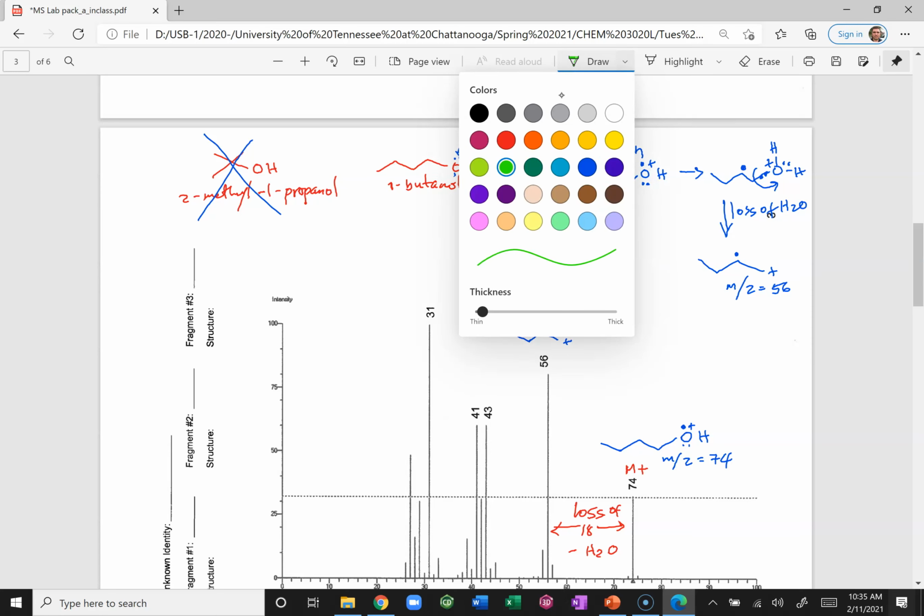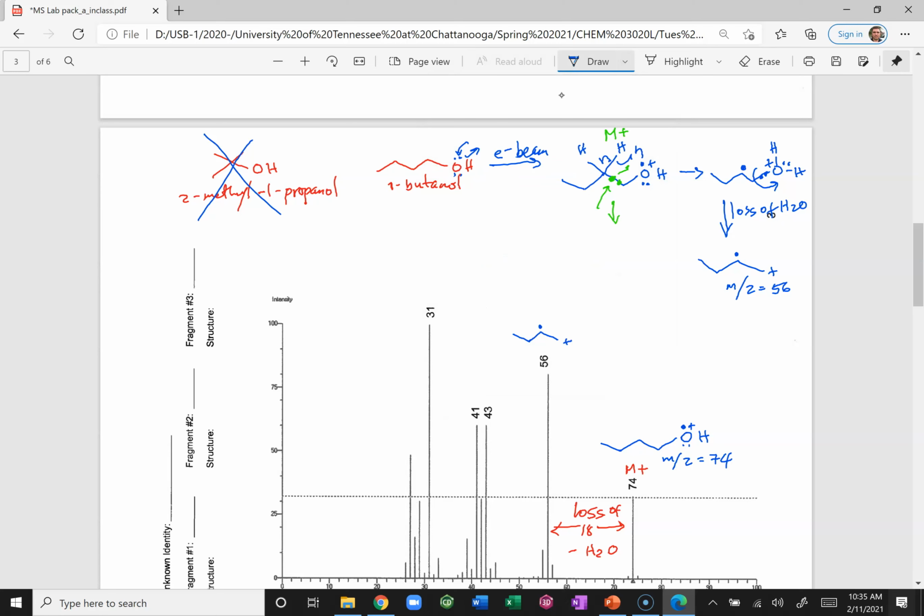Then I'm going to make this plus this radical. This is actually a good one. Here you can have the two fragments that you need. So this will be 43. I mean 43. No, that one. Sorry. 43 is right here.